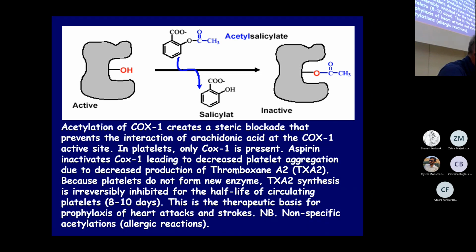Cardioaspirin is a formulation of aspirin in low dosage, low quantity, to prevent the formation of platelet aggregates, to prevent infarct attack. And you can take cardioaspirin for a long time. So you prevent the production of thromboxane A2.